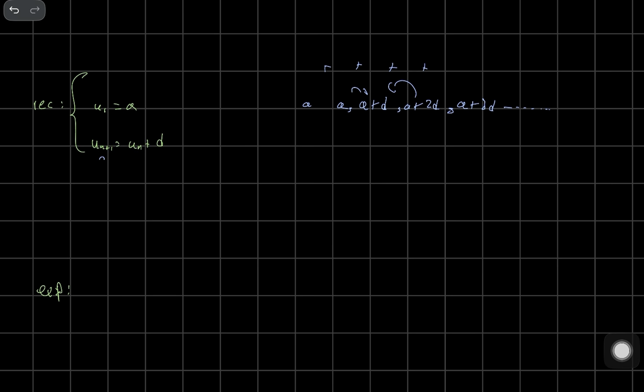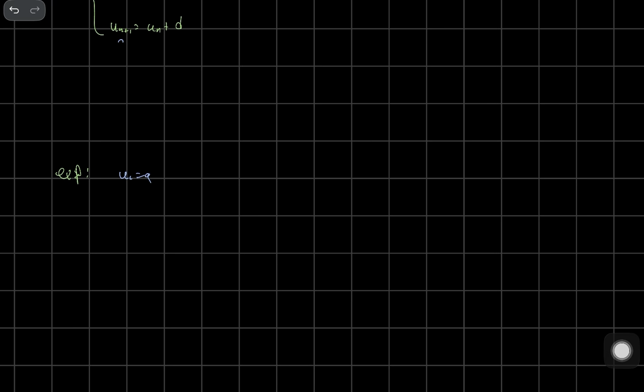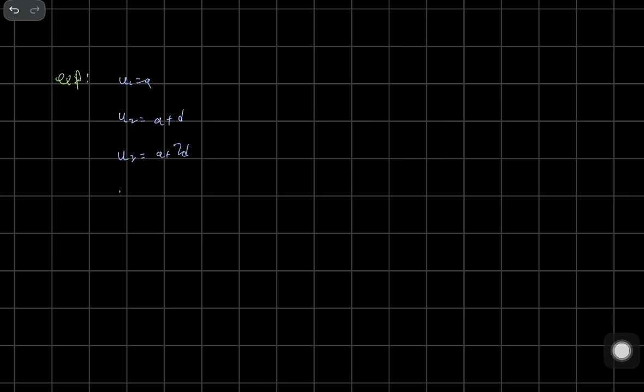Now for the explicit one, we know that u1 equals a, u2 equals a plus d, u3 equals a plus 2d, u4 equals a plus 3d, and so on, okay?